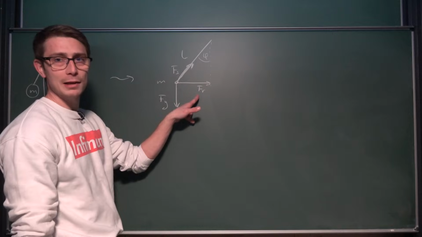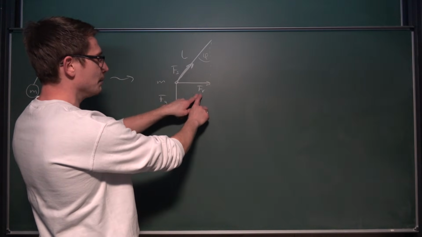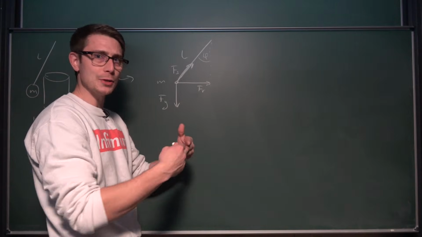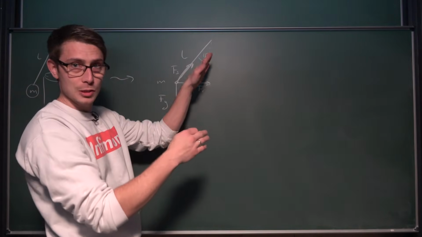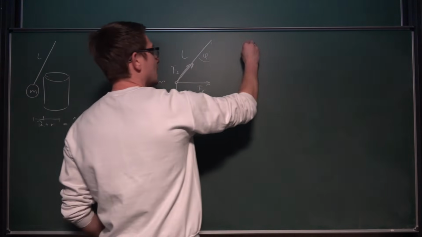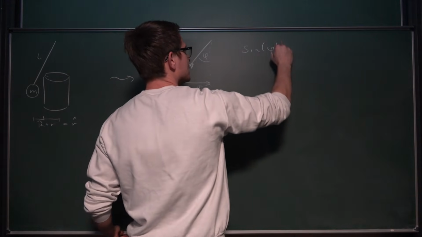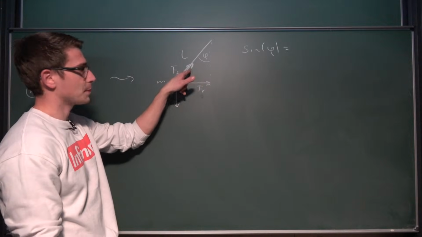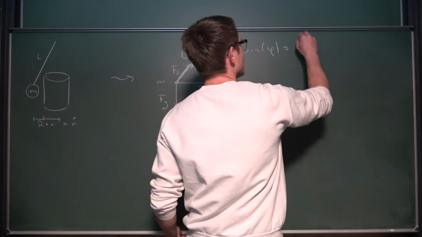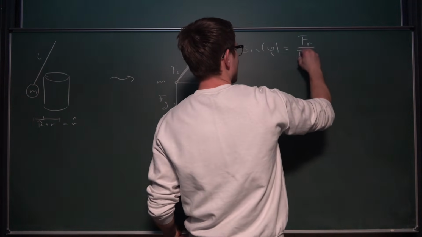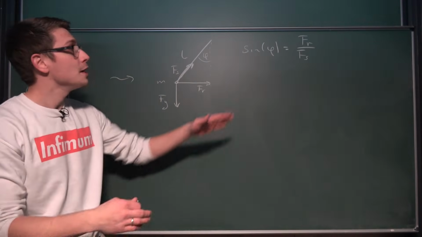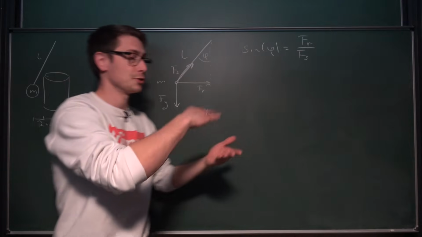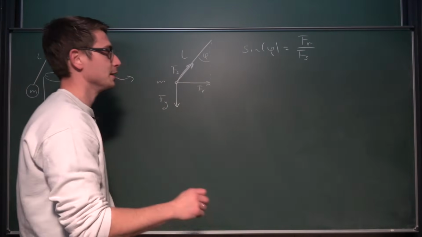Now if you were to take a look at our Fr, for example, we can express our Fr by using the sine of the displacement phi that we have right here. If we were to use the sine of phi, then this results in the opposite divided by the hypotenuse, so Fr divided by Fs. And this does check out just because those are both forces, and if you cancel out the units, it just ends up being a number in and of itself.